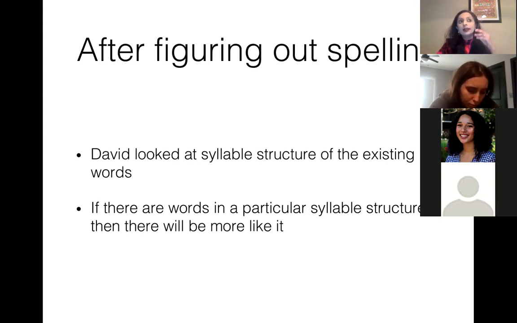So the intuition that he had, and that should be the same intuition that you should be working with for your constructed language, is basically if there's a particular syllable structure with X amount of words, there is likely to be more words in that syllable structure, right? So if you have a syllable structure where you have an onset, a nucleus, and a coda, you're more likely to have words which have onset, nucleus, and coda. So it's easier for him to create those words with that particular syllable structure.